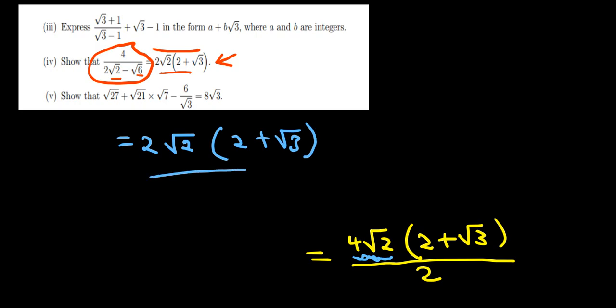So this here is the final answer, and we can see that that's what we have on the right hand side there. We had this expression and then we have made it to look like that expression. Which means we have shown, so you write hence shown.